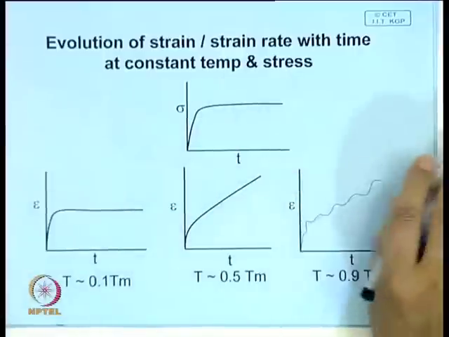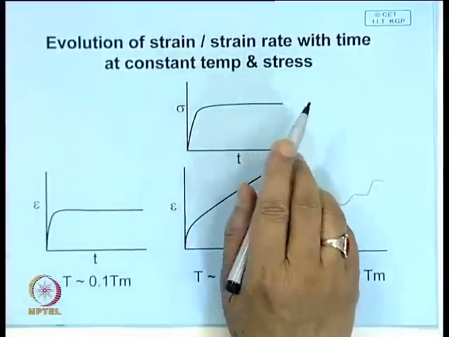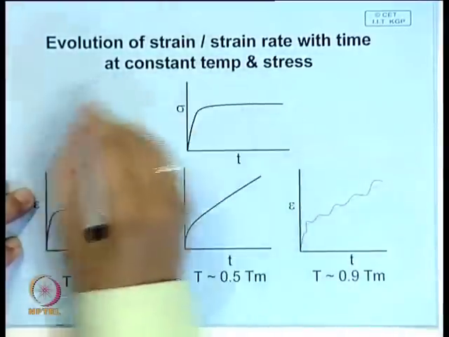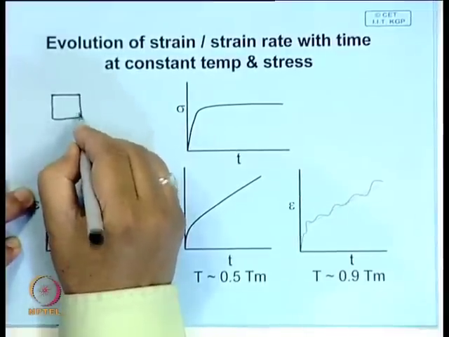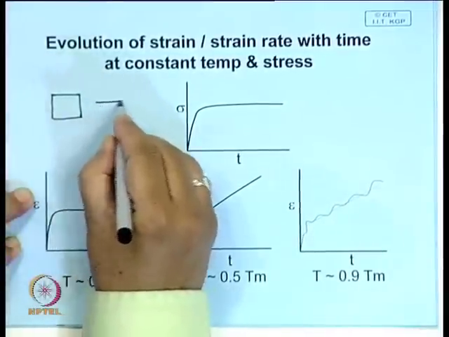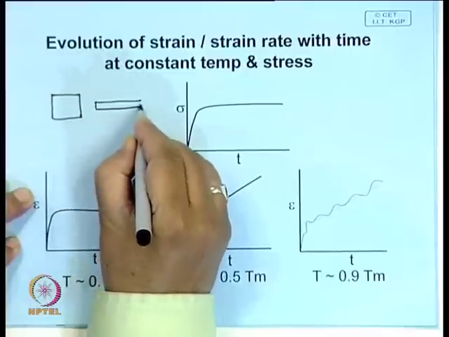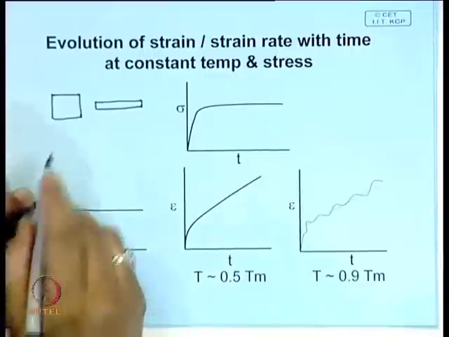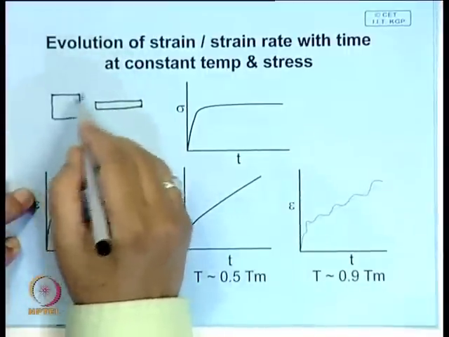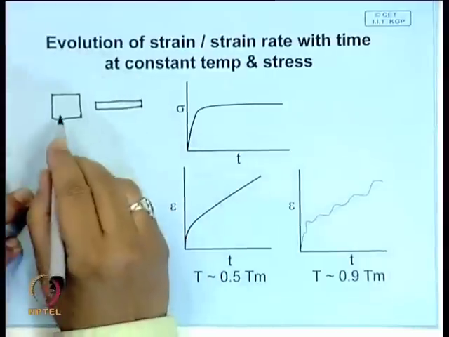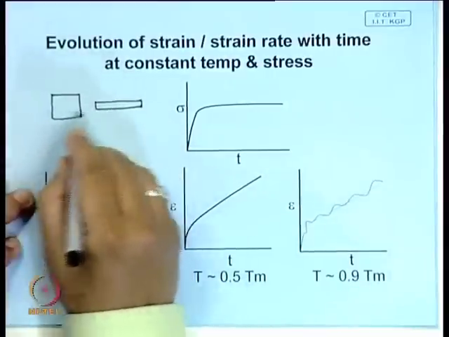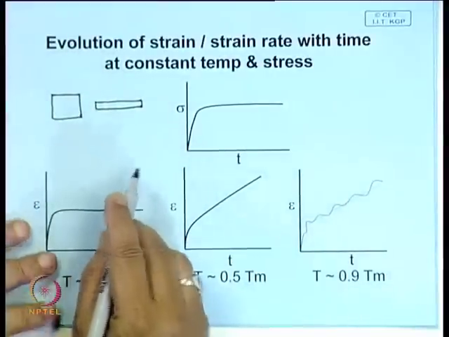So, when we are trying to deform a material, what we try is a change in shape. Say this is my initial size, we want to roll it down to this. So, with every step there is strain that evolves in the material, and how does this strain or shape change evolve with time?